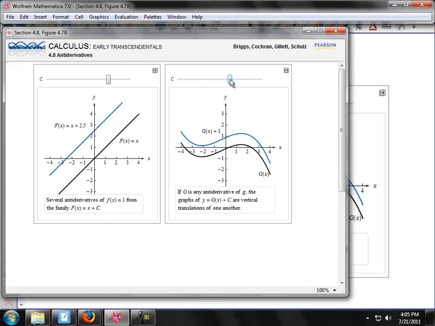Over here, if g of x, this black curve, is one of the solutions, then any other vertical shift of that is also going to be a solution. This is an example of what we call an interactive figure, and these are embedded in your textbook. As you're reading, you can play with these, and they'll help you develop more conceptual understanding. I really encourage you to do that. You'll also sometimes have homework questions where you're asked to play with one of these to come up with an answer.